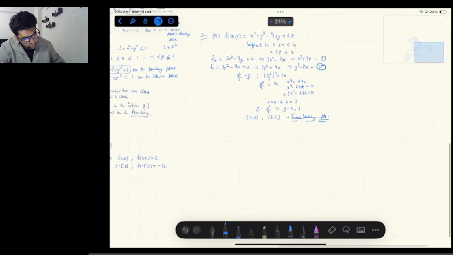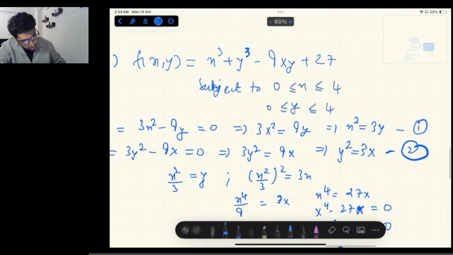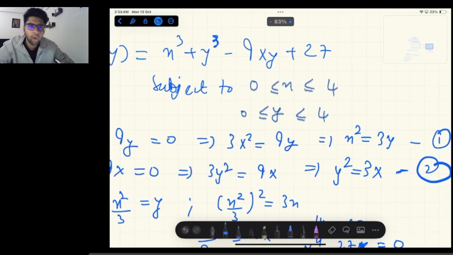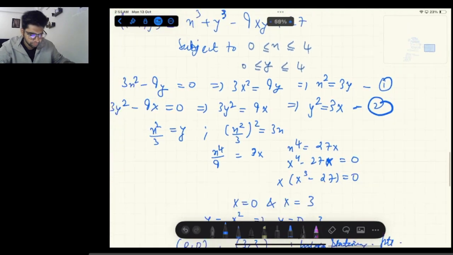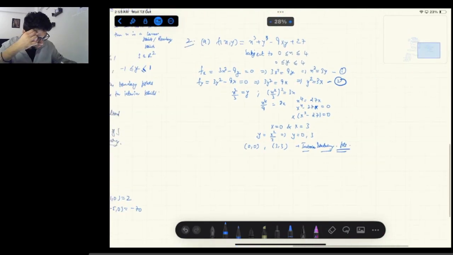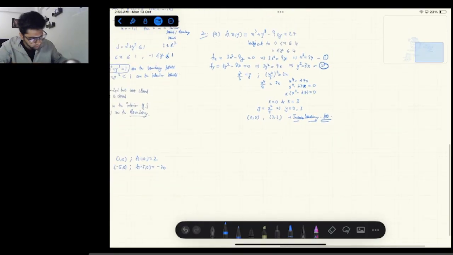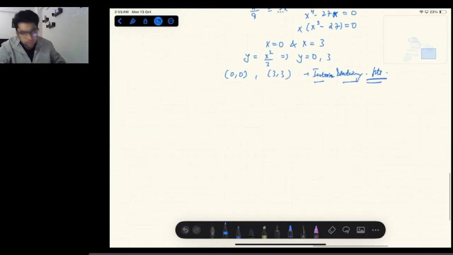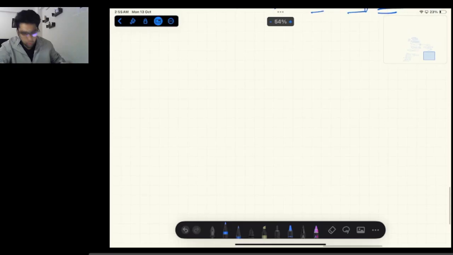Now what does my boundary say? My boundary says that my x should lie between 0 and 4. My y should lie between 0 and 4. So this means that if I just zoom in now here, just watch.